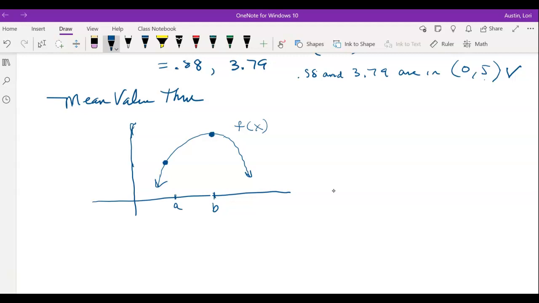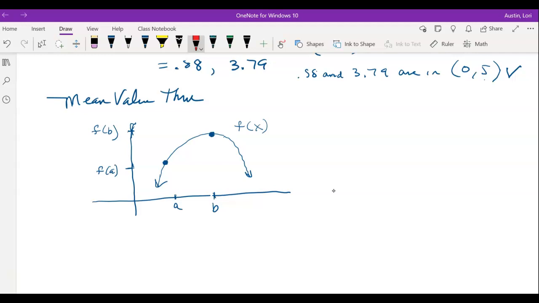This one's a little trickier. So you have an f of a, and you have an f of b. And here's what the mean value theorem says. If I take a secant, this goes back to our secant and tangent lines. Remember those?